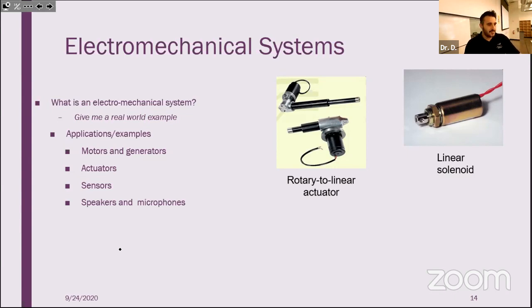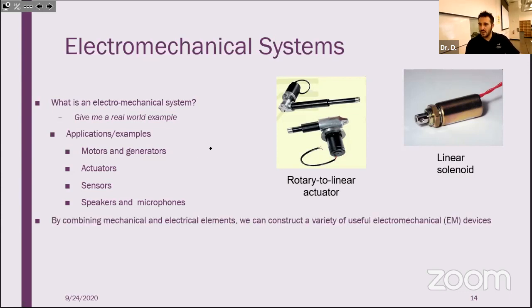That's another fun case: a speaker and a microphone are just the same thing, run in opposite directions. So by combining mechanical and electrical elements, we can make a variety of useful electromechanical devices, and I think you would all agree that we use electromechanical devices in many facets of our daily lives.